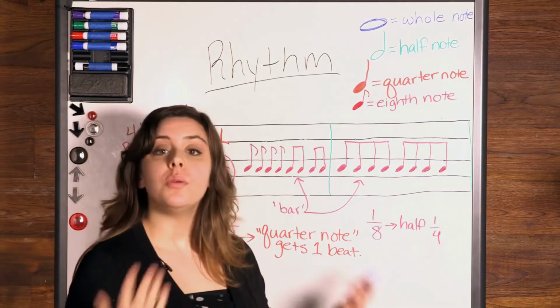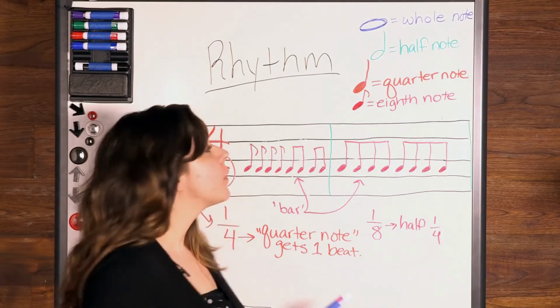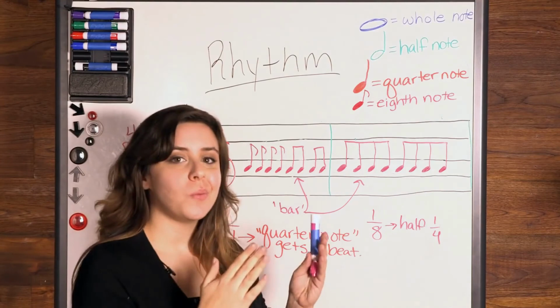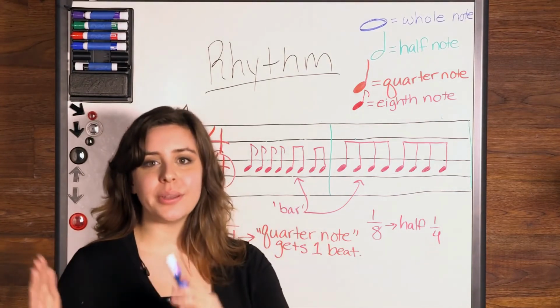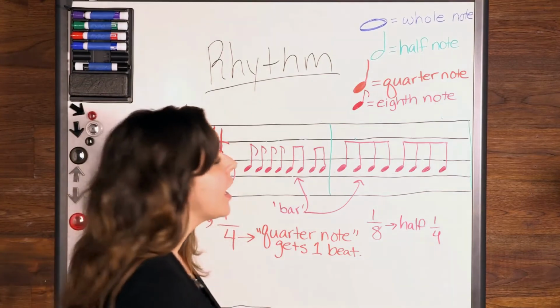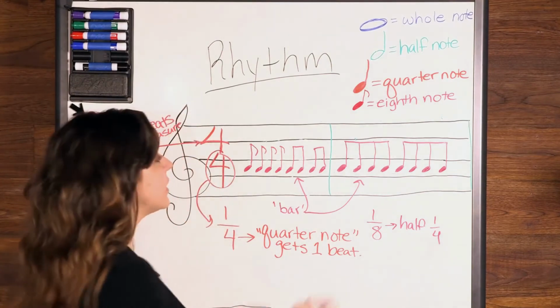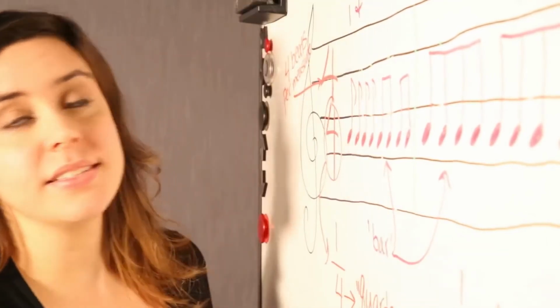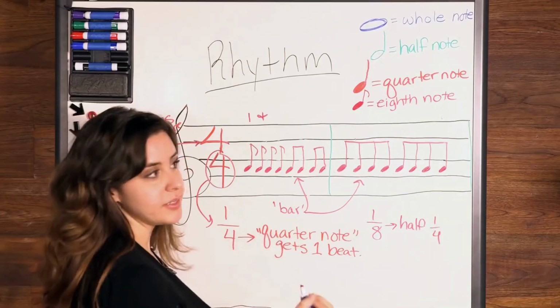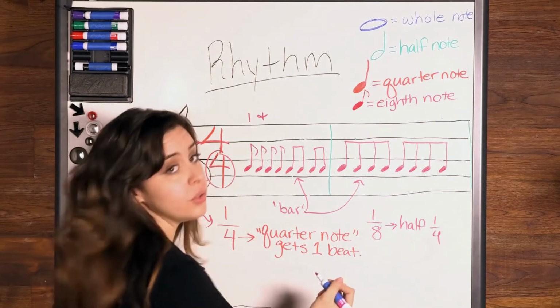So you may be wondering, how do I break this down? Well, you have to take 1 half point, 2 half point, 3 half point, etc. And the way that you would count that would be 1 and is the proper way to say it when you're counting out your rhythms.